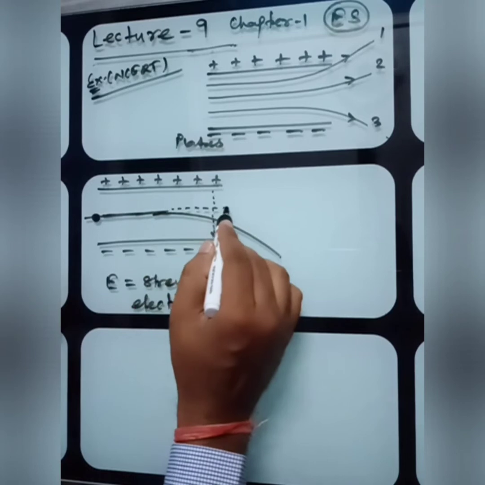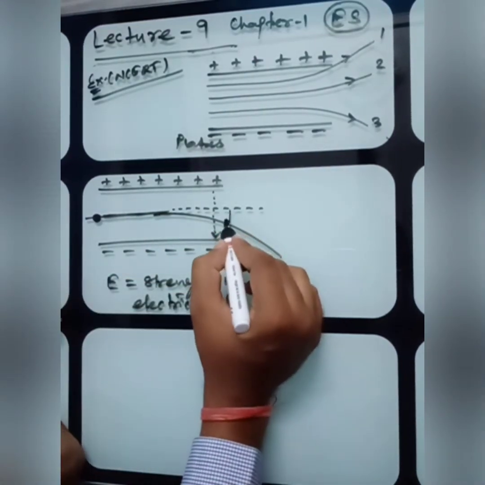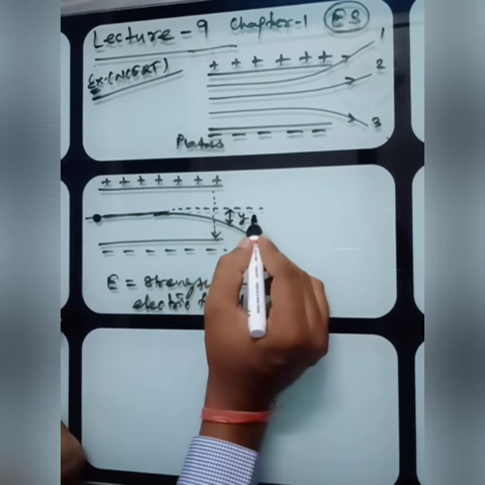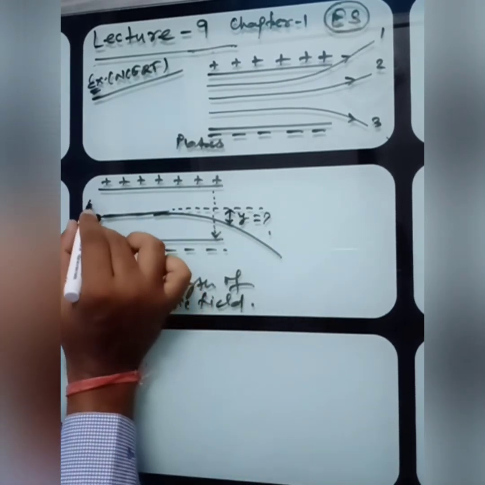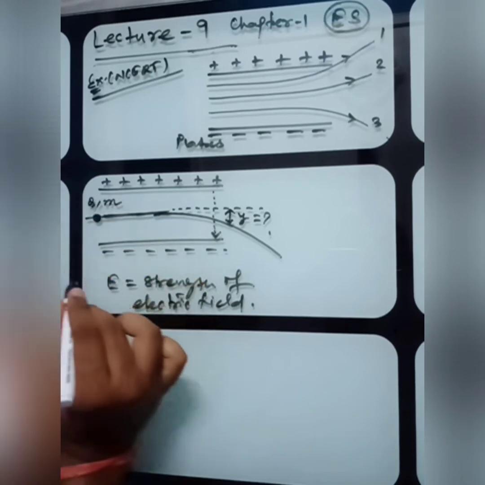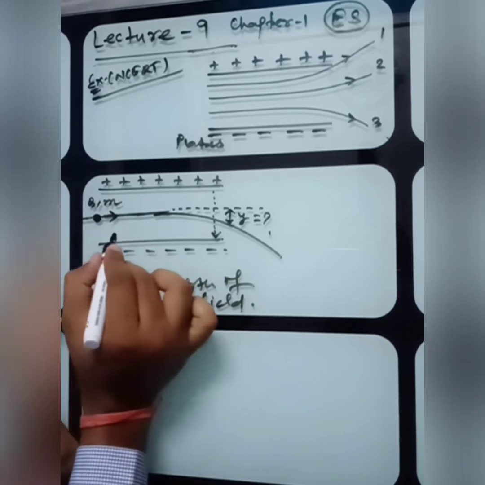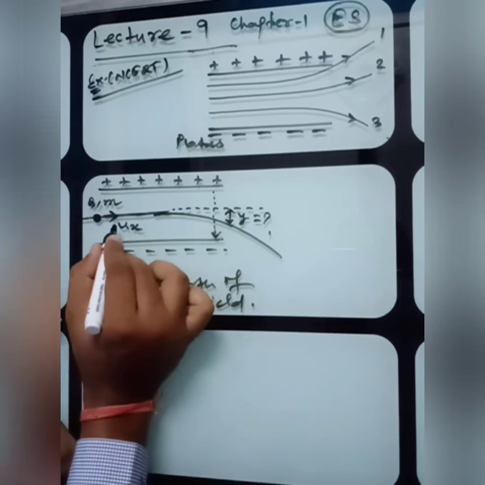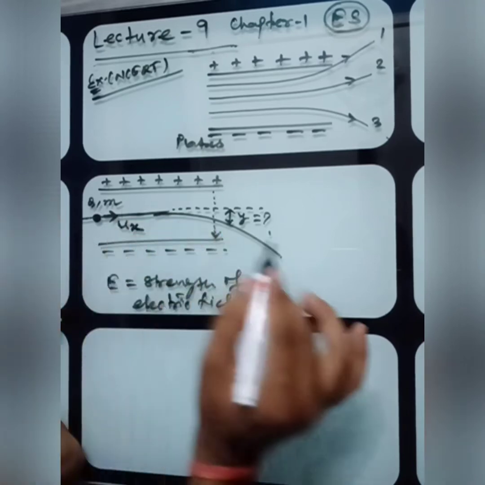This was the actual path. You have to find the vertical deflection. The charge is Q, mass is M, and it is projected with initial velocity ux. Neglect gravity.